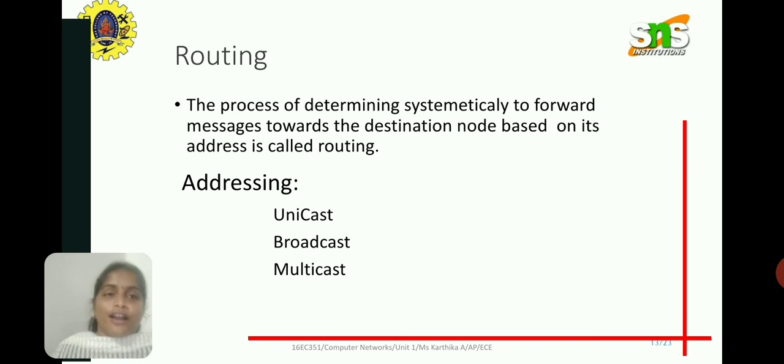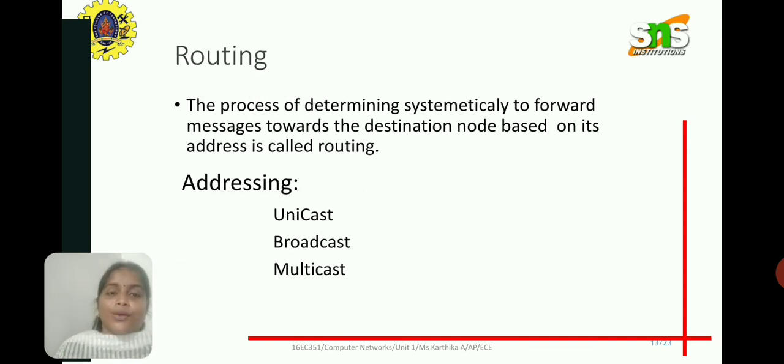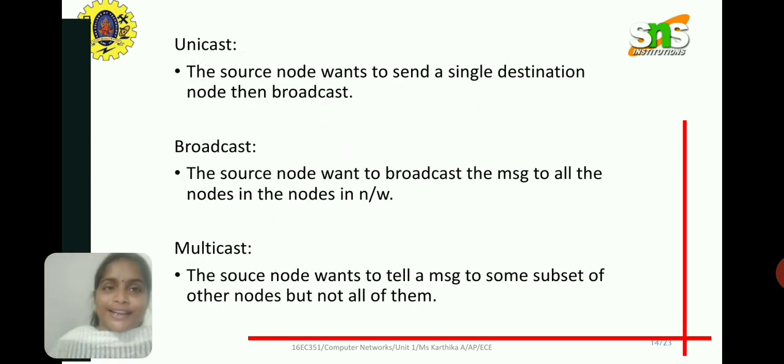Routing. In addressing we have three types. The first one is unicast, the second one is broadcast, and the third one is multicast. What is unicast? When the source node wants to send to a single destination node, that is called unicast. In broadcast, the source node wants to broadcast the message to all the nodes in the network.